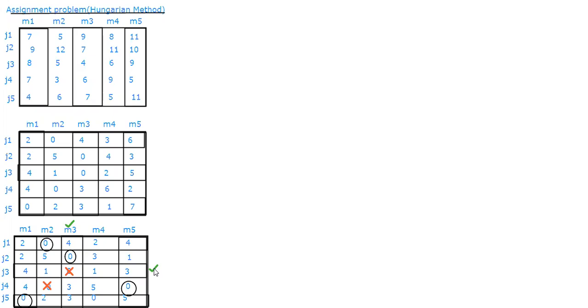Then what was the next thing? Mark a column which has a 0 in the marked row. It means, why did we not go for assigning in this one? Because there was already an assigned 0 in this one when I'm checking in the vertical format. So he is asking, please tick that particular area wherein you have not assigned.